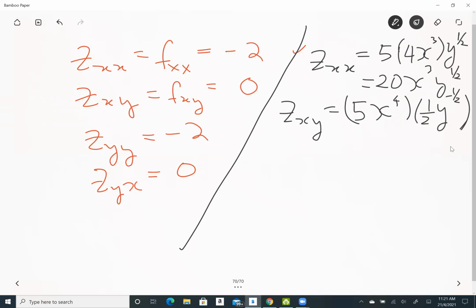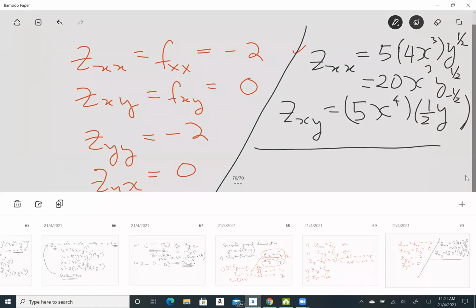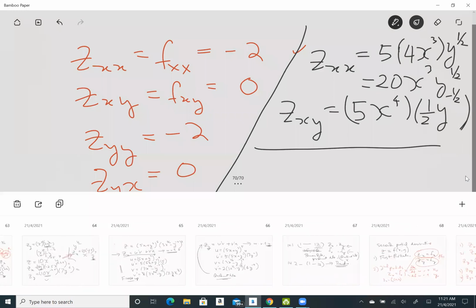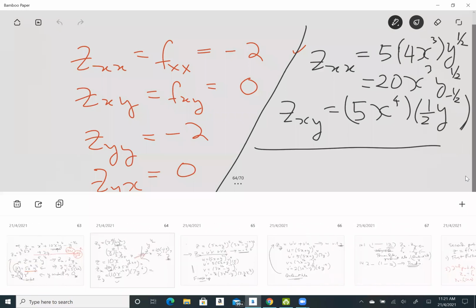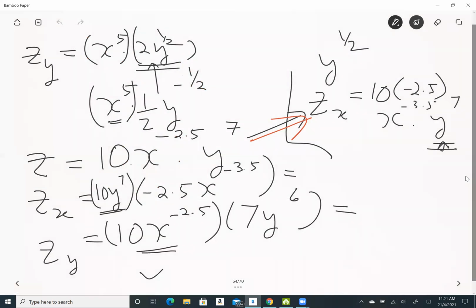Okay? All right. So now we do the zy. What is zy equal to? Let me go back to the function. I forgot that, I missed it. Zy is equal to this one.